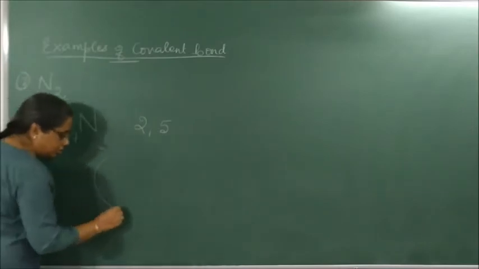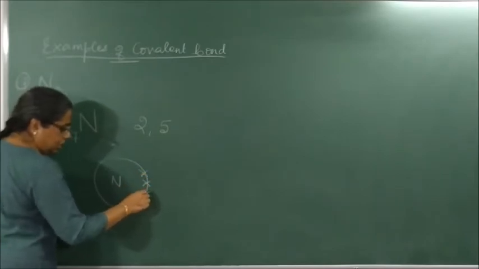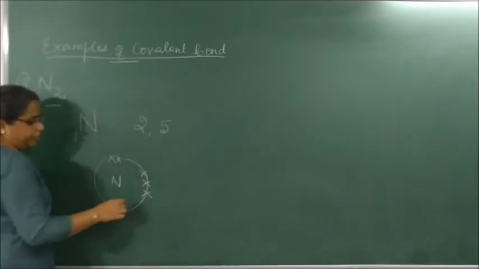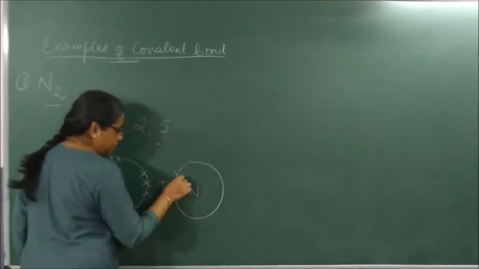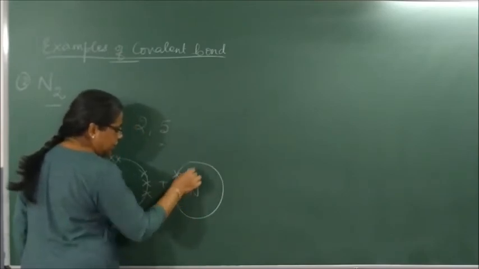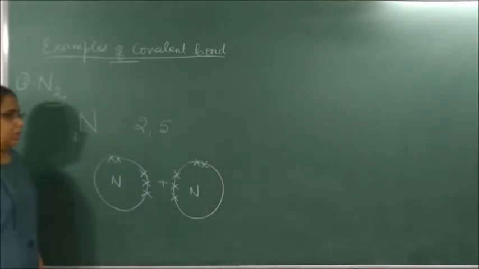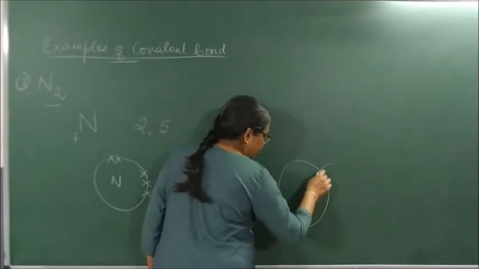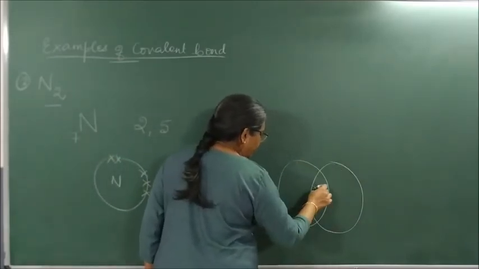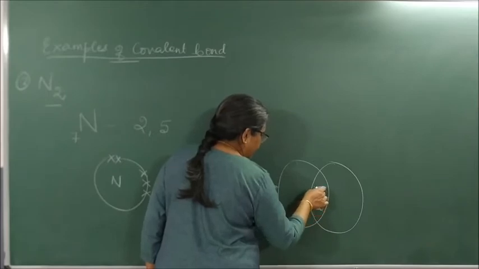So N 1, 2, 3, 4, 5 plus another N which is 1, 2, 3, 4, 5. Correct? So it will form what? A molecule which will have 1, 2, 3 bonds.